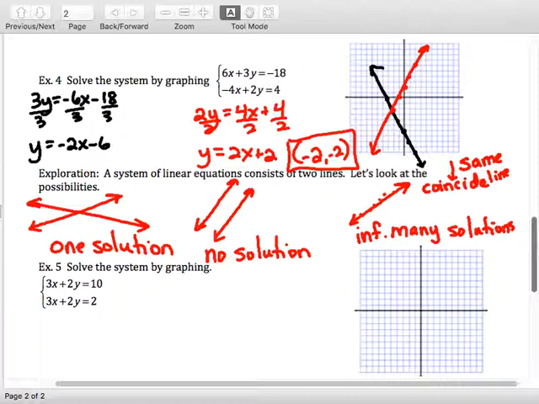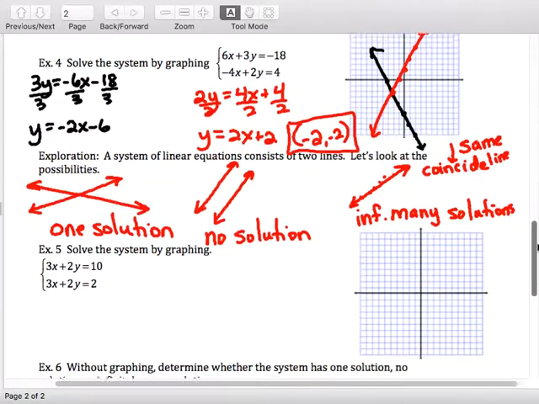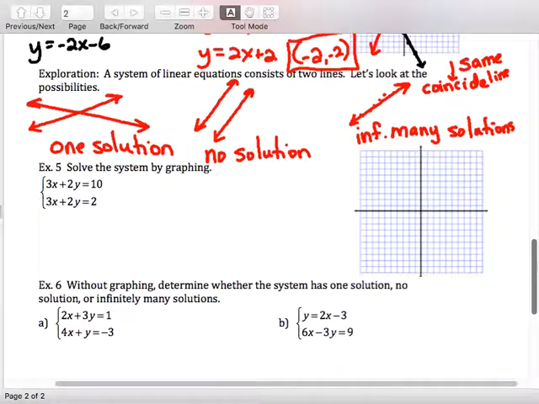All right, so in example 5, I want you to go ahead and put both of these in y equals mx plus b form, and then graph it.